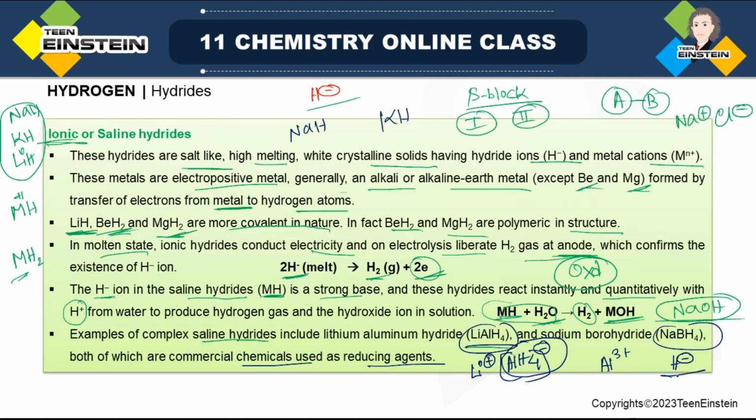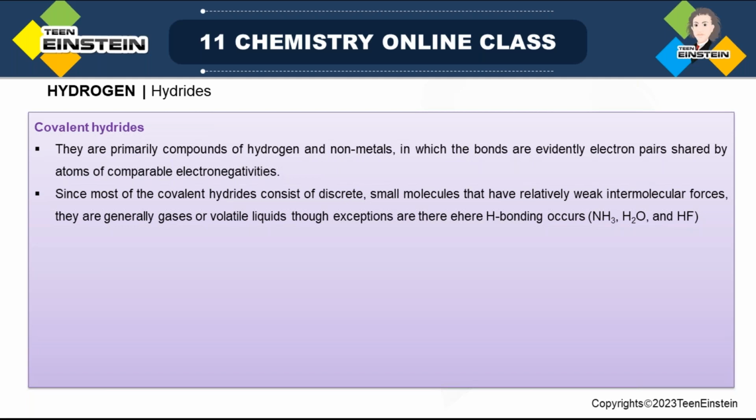So this is also a source of H minus, just like MH or MH2, the actual ionic saline hydride examples. That is why we call them complex saline hydrides, because they are also a source of H minus and they are very good reducing agents used in organic chemistry. Okay, so this is ionic hydride or saline hydride.